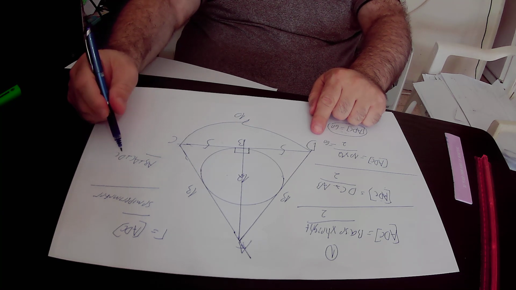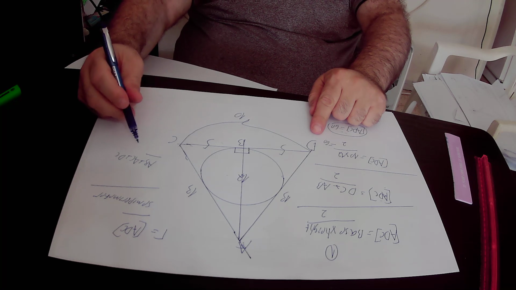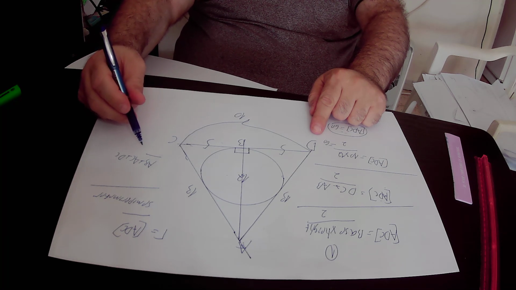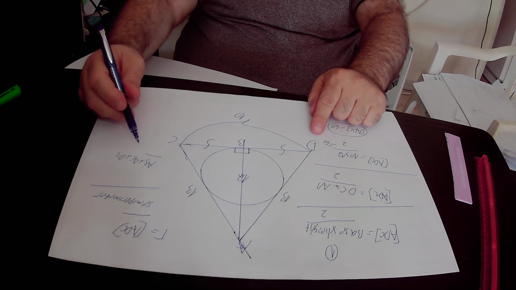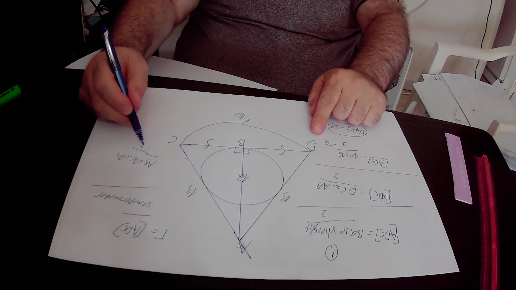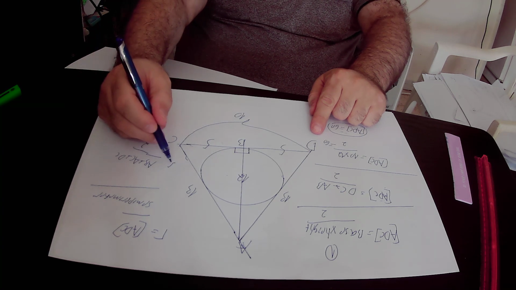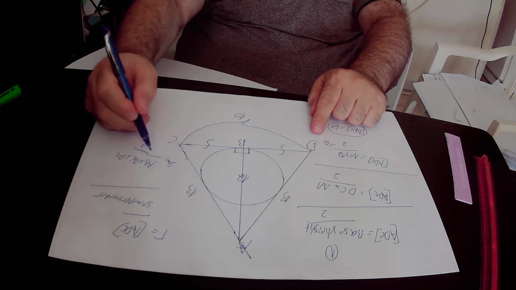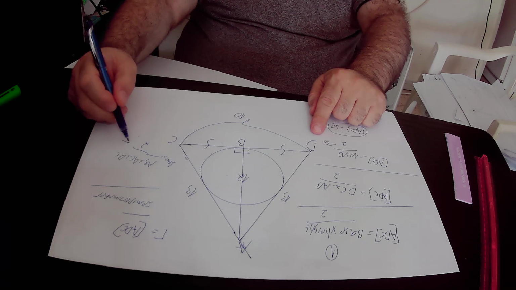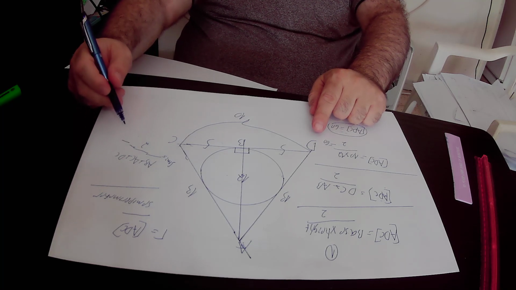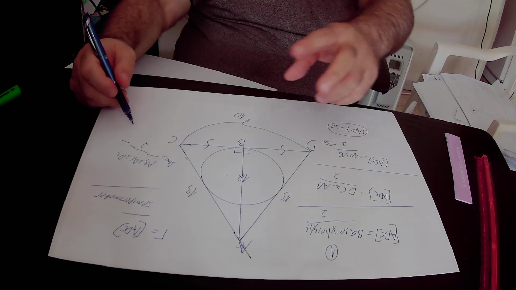AD plus AC plus DC is the perimeter, and if we divide the perimeter by 2, we will get the semi-perimeter. Okay?